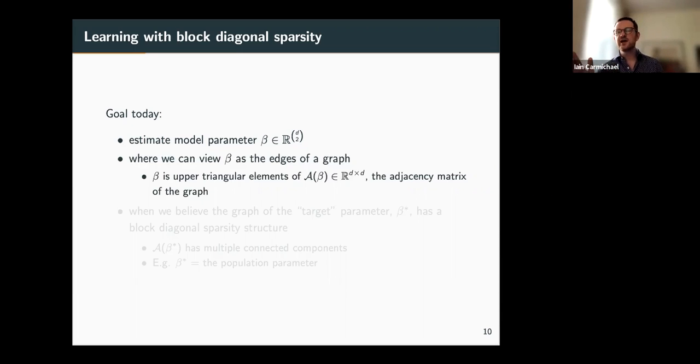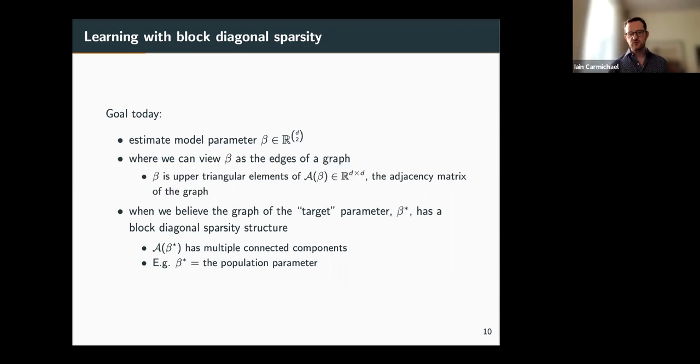So beta is the upper triangular entries of some hollow symmetric matrix. And our goal is to estimate some target parameters. That could be, for example, the population correlations. And we're interested in the case that we think our target parameter has block diagonal sparsity. So we think that the true population correlation matrix is block diagonal.